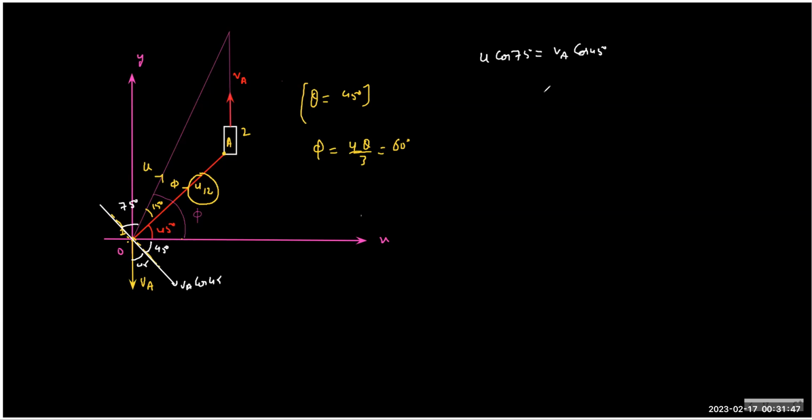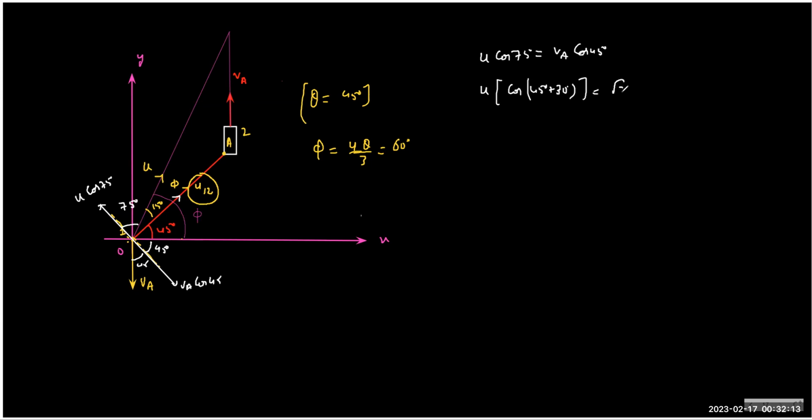Because these components must cancel out each other, isn't it? Yes, sir. Then only it will go this way. And cos 75 we can derive, it's not difficult: cos of 45 plus 30. That's easy.